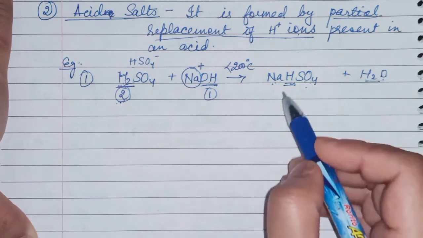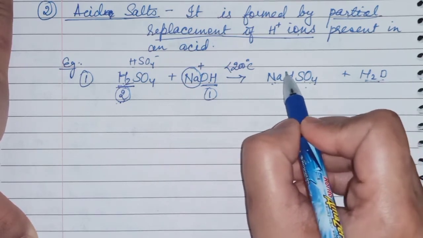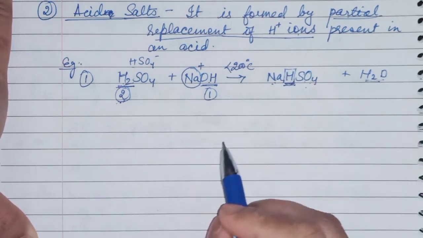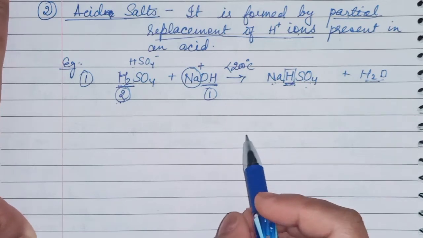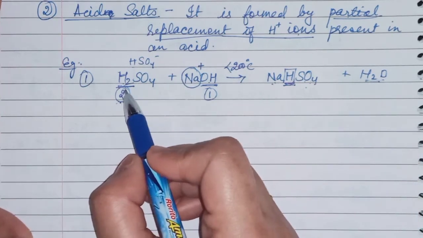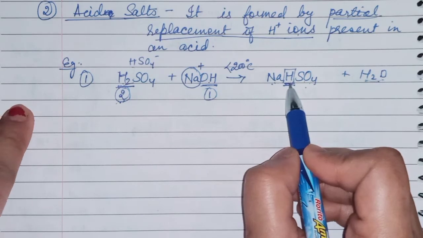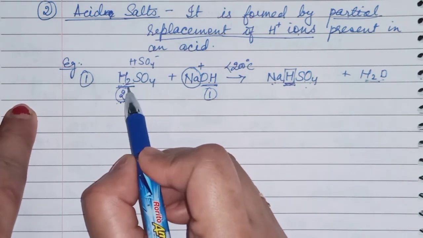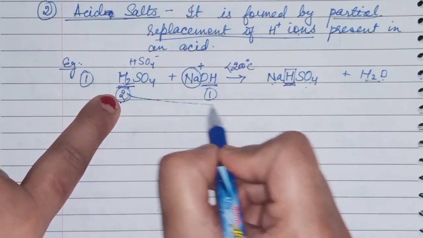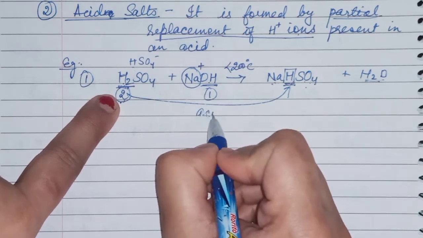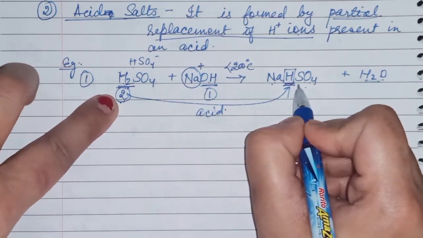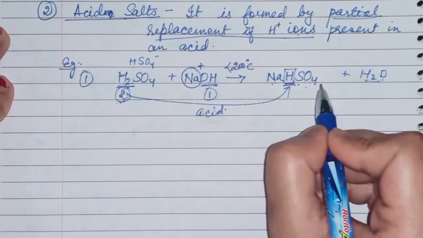Okay, and because of this H, it is showing the property of acid. Because H is present here, and that H is coming from an acid. Okay, this H is coming from an acid. So in the salt, some property of acid will remain.